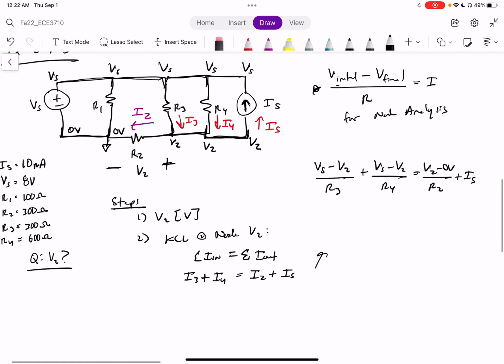Okay? So we look at this equation. How many unknowns do we have? One. It's just V2. We know Vs, we know R3, we know R4, we know R2, we know Is. Solve for V2. And if you solve for it correctly, you will get that V2 is equal to 3 volts. Okay? Boom.